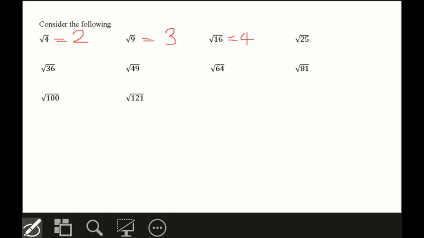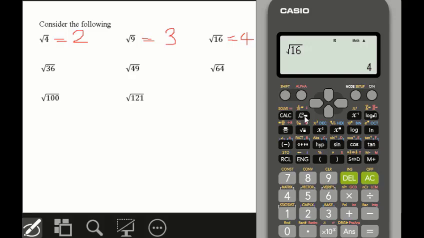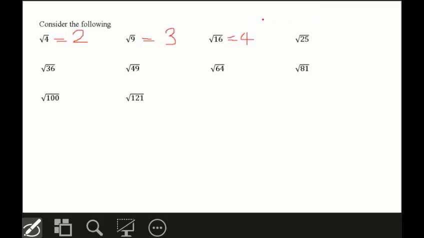Then let's look at the root of 25. The root of 25 is giving us what? 5. Excellent. So the root of 25 is giving us 5. Good. So I want you to punch the rest. The root of 36. What did you get? Did you get 6? Good. That is excellent. The root of 49. What will be your result?